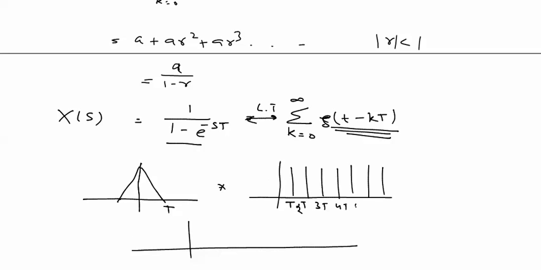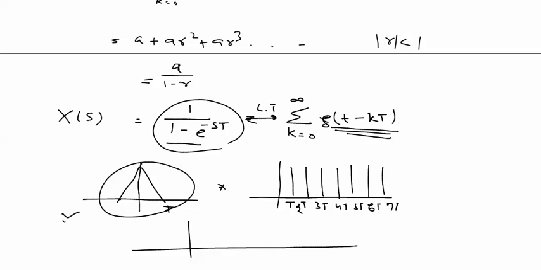3t, 4t, 5t, 6t, 7t. So first calculate the Laplace of this and then multiply with this pattern. It means the pattern will repeat. The basic idea to calculate a periodic signal's Laplace transform is first calculate the Laplace transform of this, and to make it periodic multiply with this term.